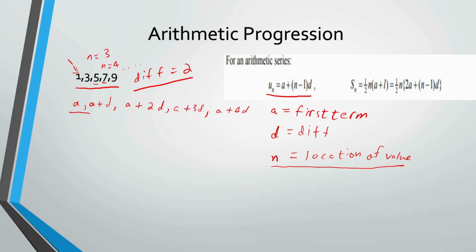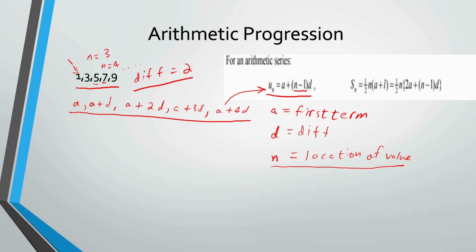Now we can go back to our formula and you can see what I've done. I've taken their locations, subtracted 1 from them and then multiplied by the common difference. Let's say I was supposed to find 5 and I only have its location, which is 3.